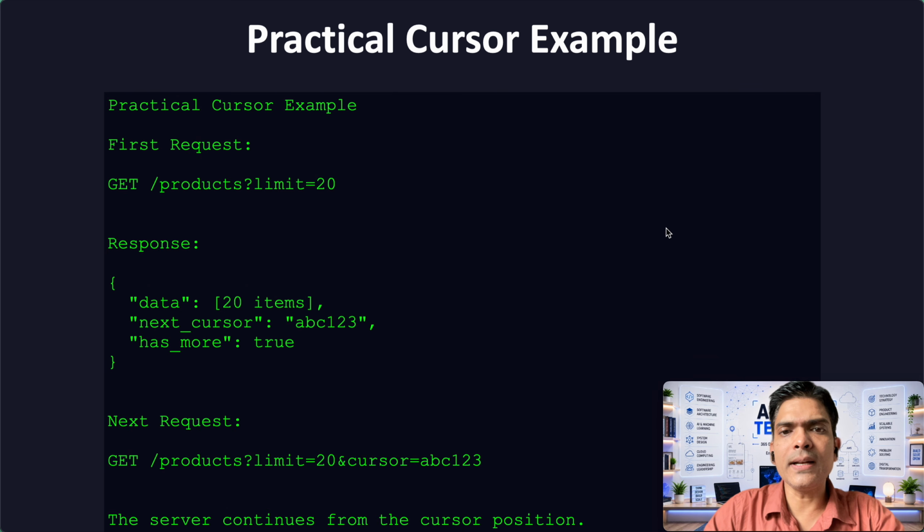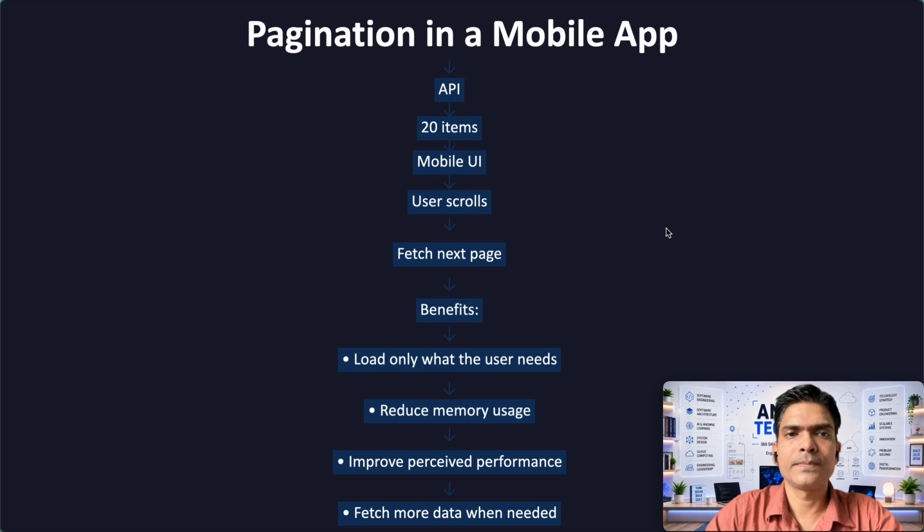The server can then continue from that position and return the next set of products. The response can also tell whether more data is available using something like a has more flag. This pattern is very common in modern APIs.